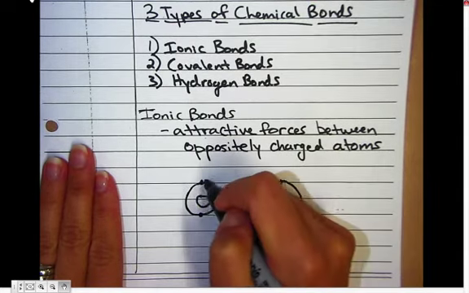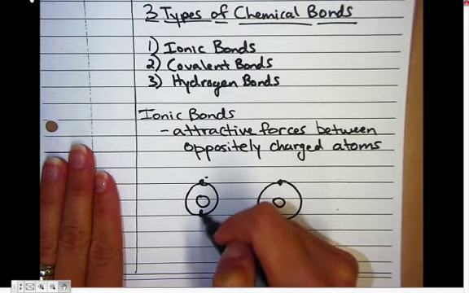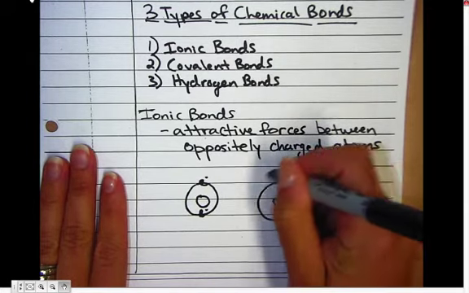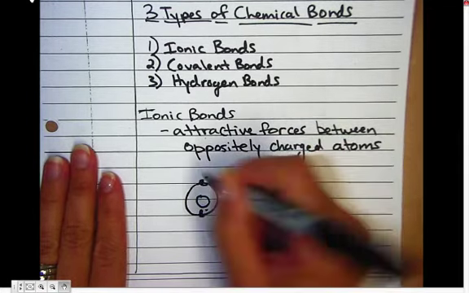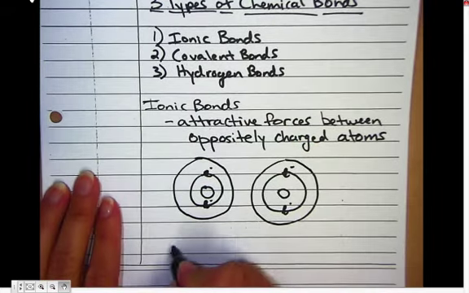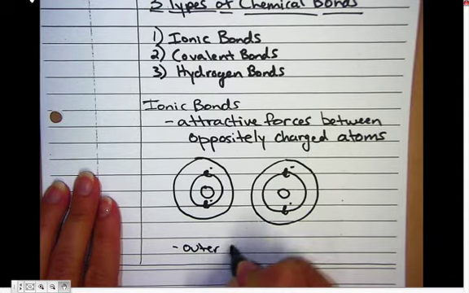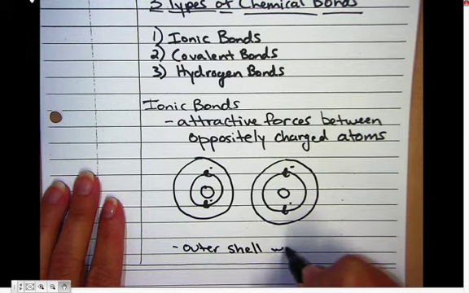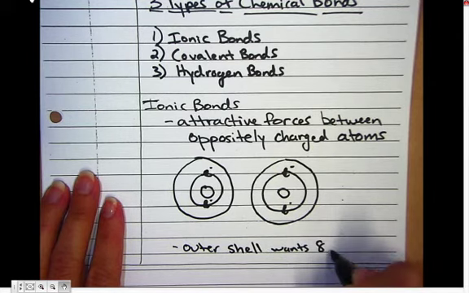That's what these dots mean. We can make little e's with negative signs because we know that electrons are negative. And then there's an outer shell, and in the outer shell, or the outer orbit, which is what these lines are, wants 8 electrons.